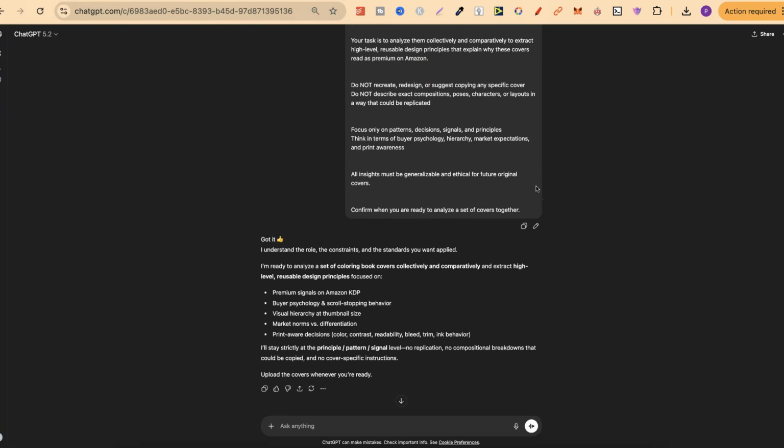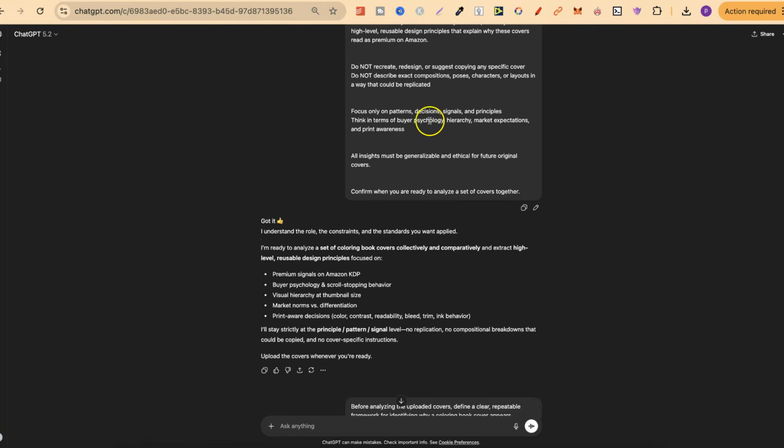Now, do not recreate, redesign, or suggest copying any specific cover. Do not describe exact compositions, poses, characters, or layouts in a way that can be replicated. And focus only on patterns, decisions, signals, and principles.